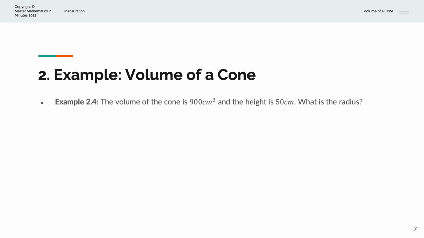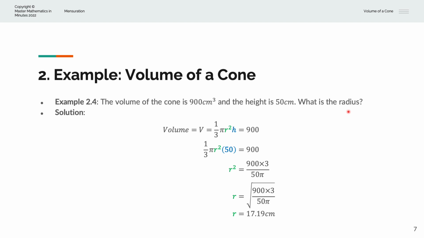In the fourth example, we're given the volume of the cone is 900 centimeters cubed, and the height is 50 centimeters, and we're asked to calculate the radius. So, with volume V equal to 1 over 3 pi r squared h, and we'll set that to be 900 from the question above. So we'll copy 1 over 3 pi r squared down, and we will replace h with 50 from the question above.